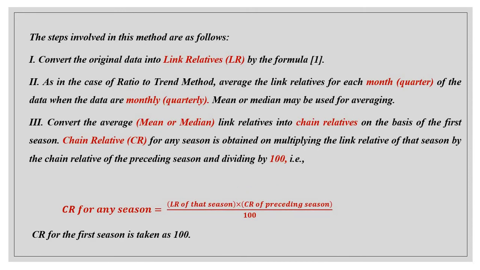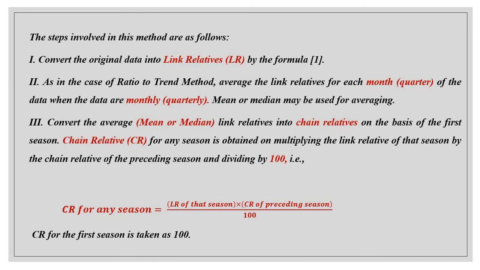The steps involved in this method are: first, we have to convert the original data into linked relatives by the above formula. As in the case of the ratio to trend method, average the linked relatives for each month or quarter of the data when the data are monthly or quarterly. Mean or median may be used for averaging. Then convert that average, mean or median, of linked relatives into chain relatives on the basis of the first season.